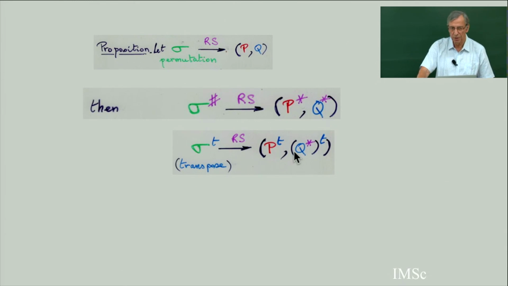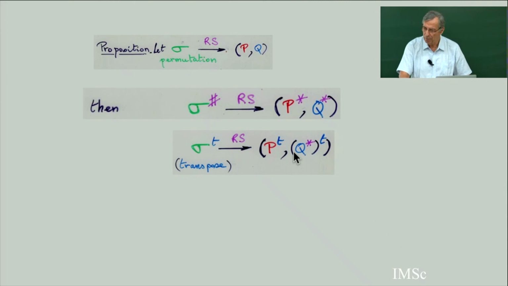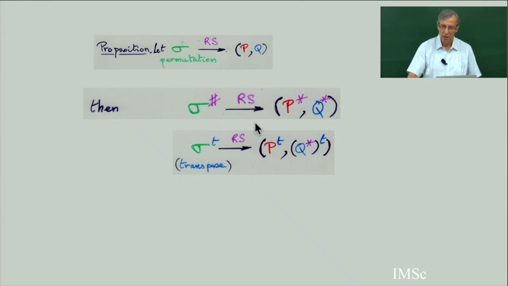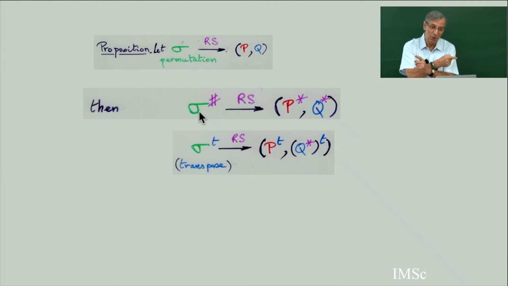So how to prove these two theorems? It can be proved from Greene's theorem and from a property. Yes, reverse order. Sigma transpose means you write the permutation in reverse order, like a word. Sharp means you write it in reverse order and you take the complement of the indices.